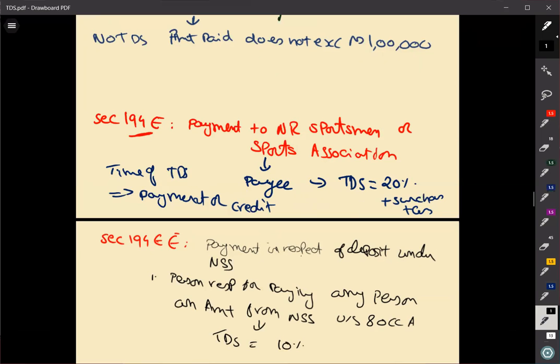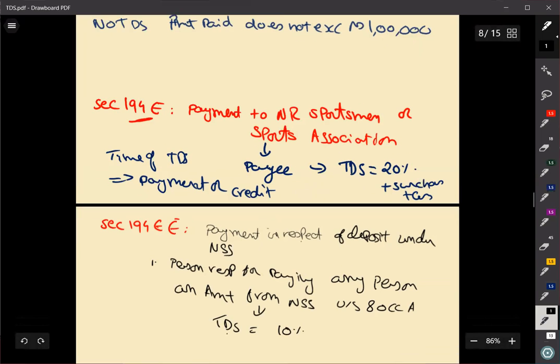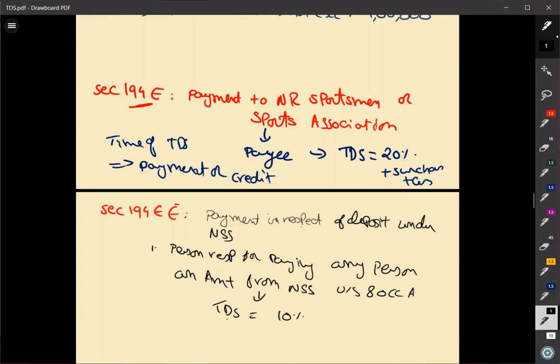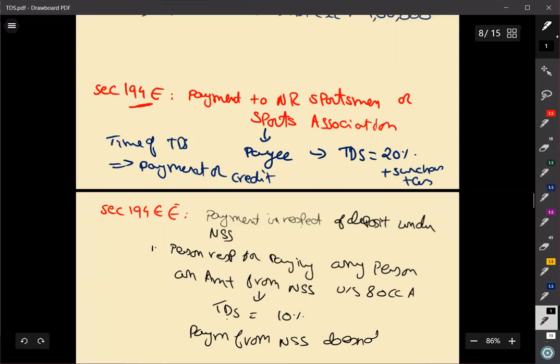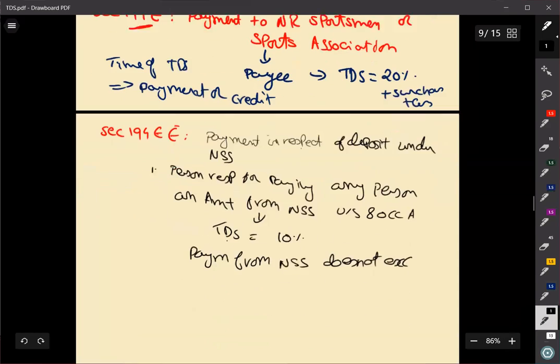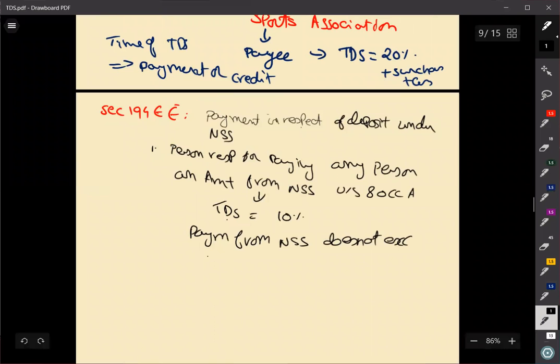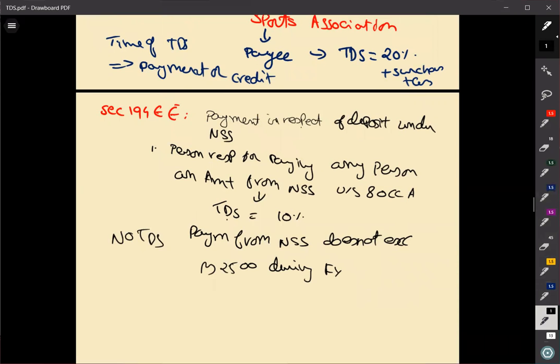No TDS is required if the payment does not exceed 2,500 during the financial year. So if the payment from the National Savings Scheme does not exceed rupees 2,500 during the financial year, no TDS is required. In this case, you need not deduct any TDS. That's 194EE.